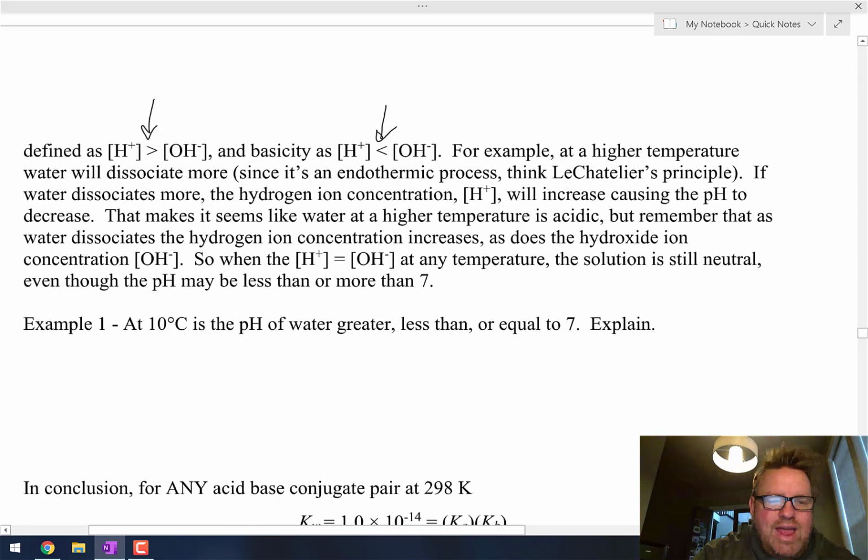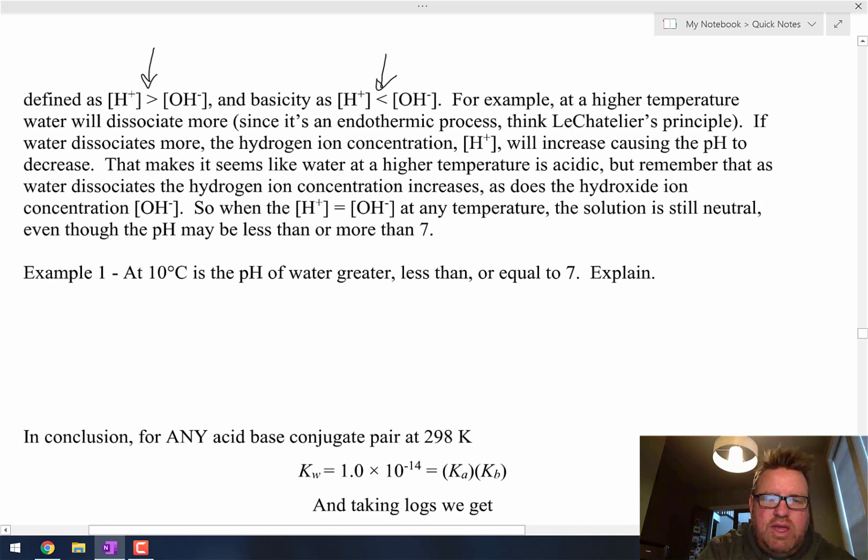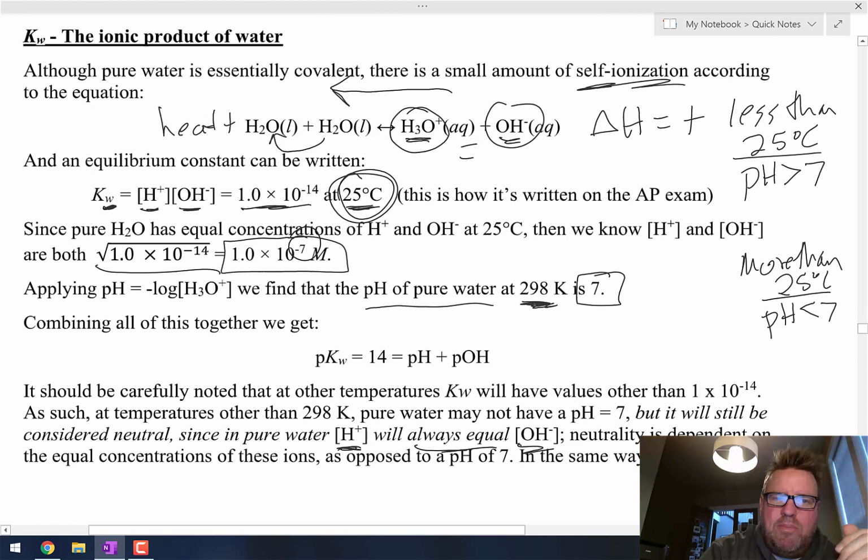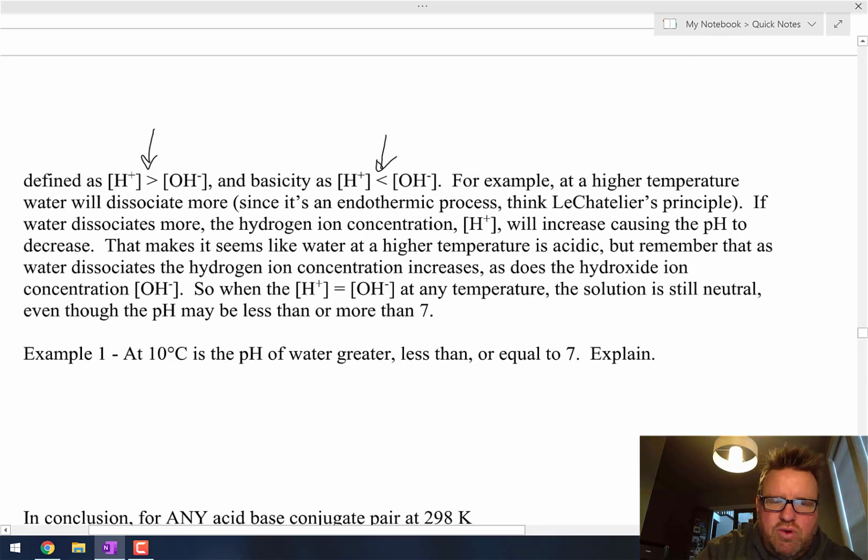So at 10 degrees Celsius, is the pH of water greater than, less than, or equal to 7? Explain. If you're less than 25, you've removed some heat. Again, come back up here, and that's going to cause a shift to the left to occur, which means the hydrogen ion concentration is going to go down, which of course means the pH must be greater than 7.